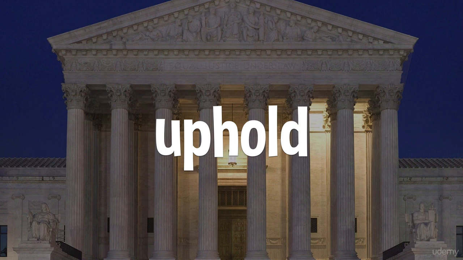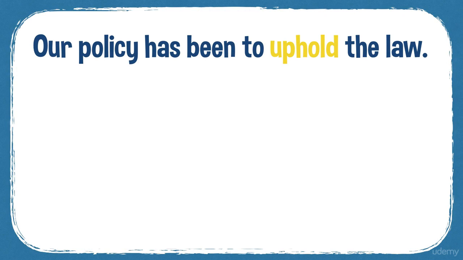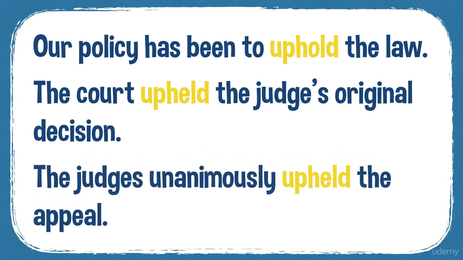In the picture is the Supreme Court, which often upholds laws or legal decisions made by other courts. For example, our policy has been to uphold the law. The court upheld the judge's original decision. The judges unanimously upheld the appeal.